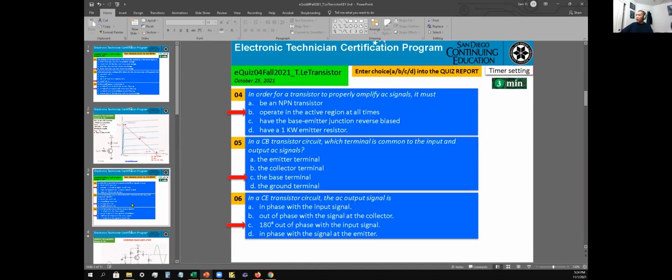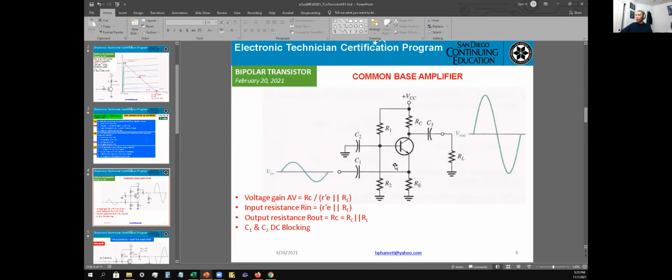Number 5, in a common base transistor circuit, which terminal is common to the input and output of the AC signal? The answer is C as in cat for number 5. Common base would be something right here. This is from the handout on the website.